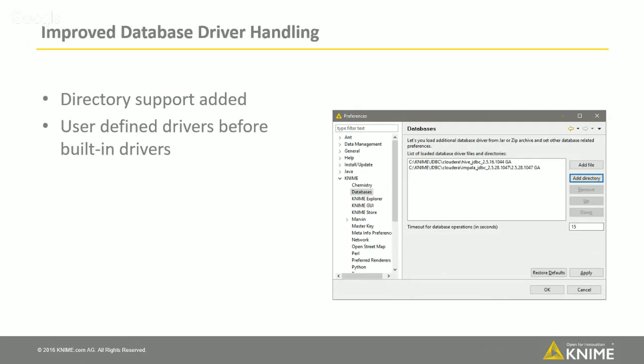There are two important changes that we made. Number one is how you can add custom drivers to the KNIME Analytics Platform. This is all done via the preferences, and you can just select the driver. Or now we also support that the user can specify a directory that contains the driver plus additional files that are needed by the driver.